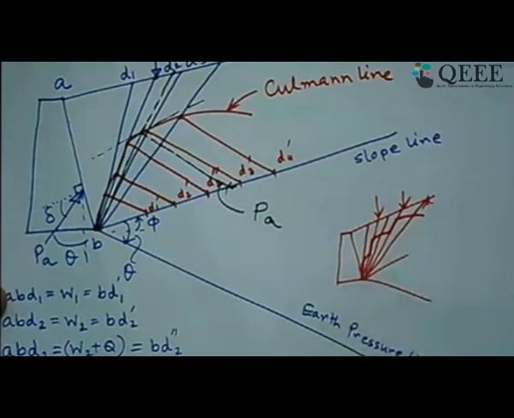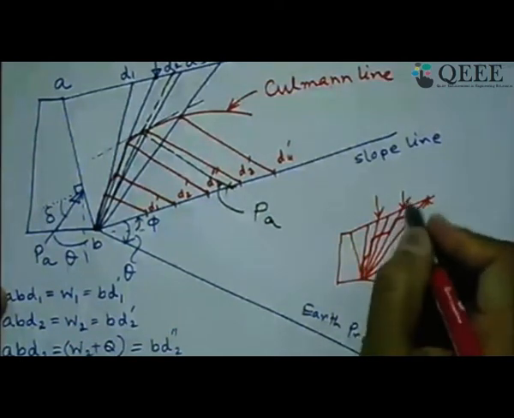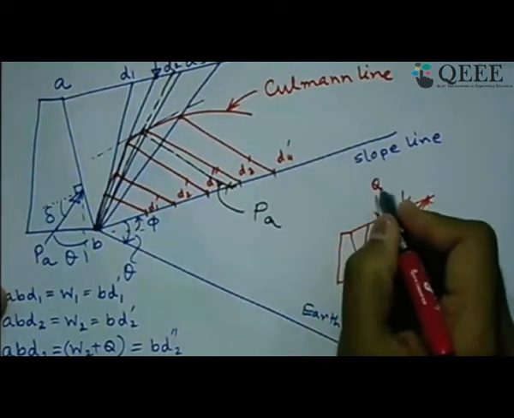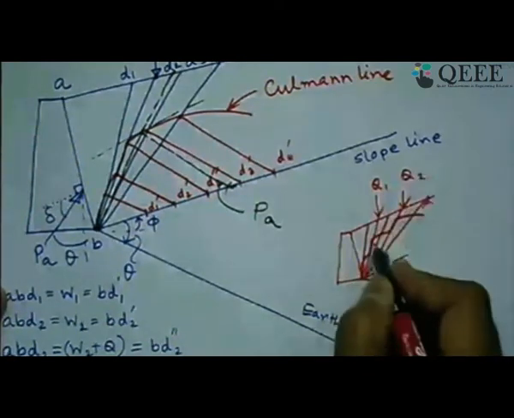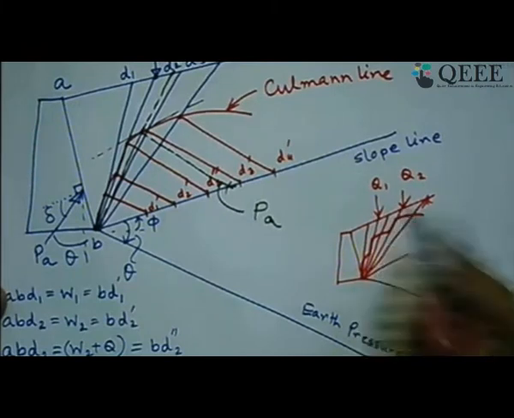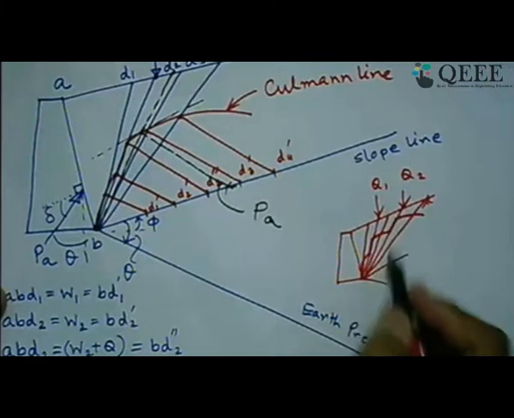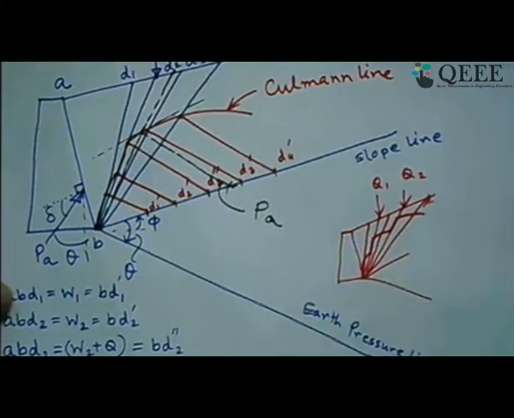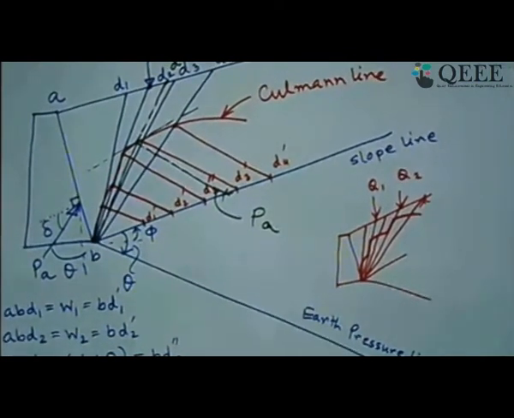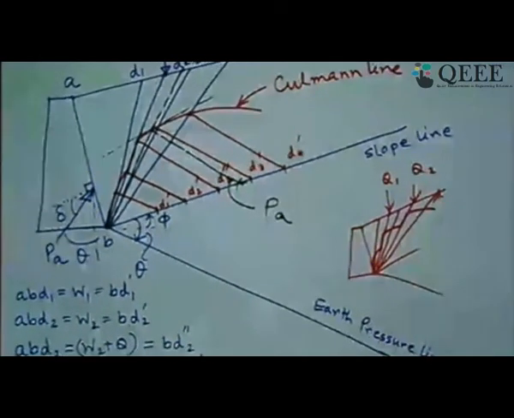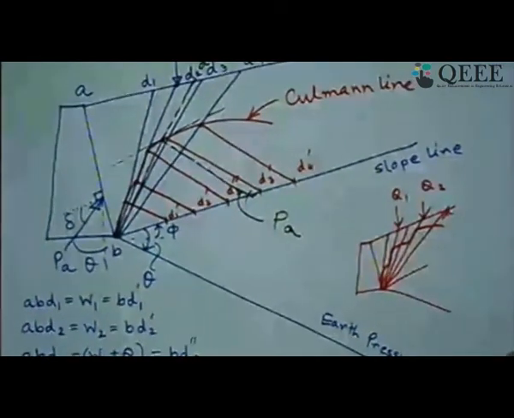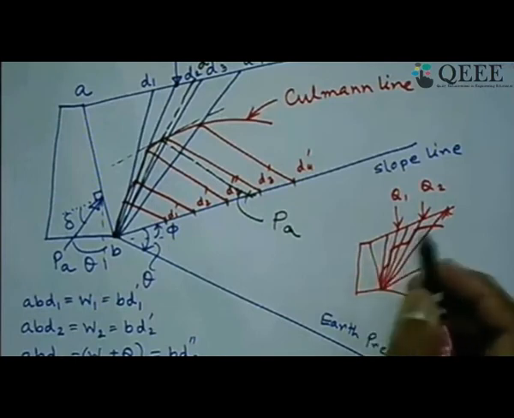So this will be the trend of the Culmann line. Wherever there is a different load, say Q1, Q2, I will get a jump accordingly. Along that failure plane, this is the jump of Q1, this is the jump of Q2, and accordingly you maximize the value from this. So this way you can solve the problem of any retaining structure where close to the structure there are some line loads, railway track, etc. You can take the load like this.